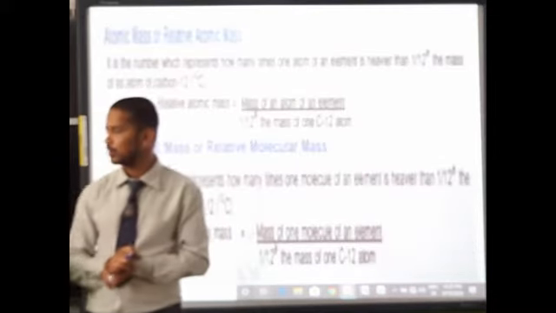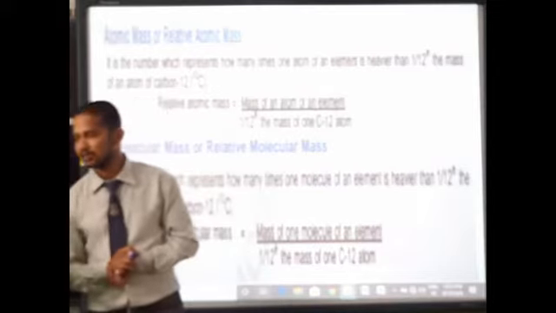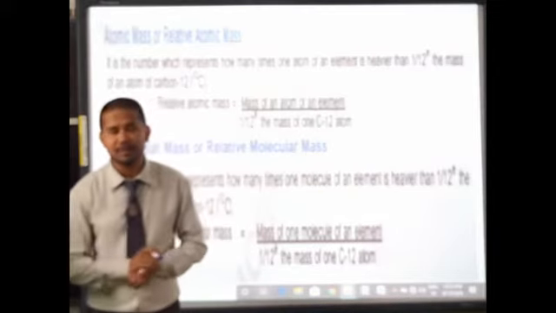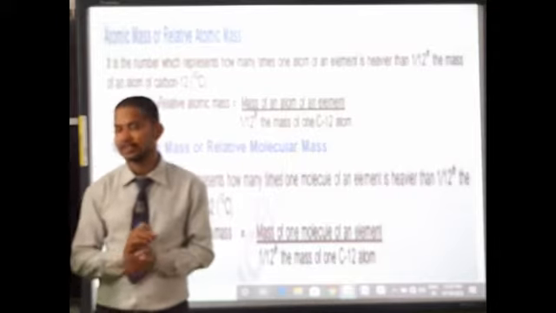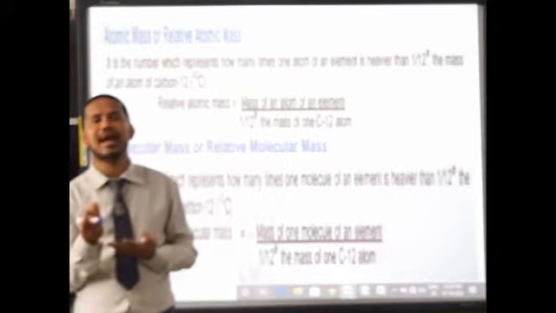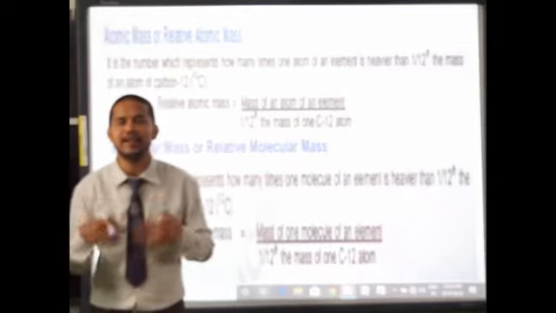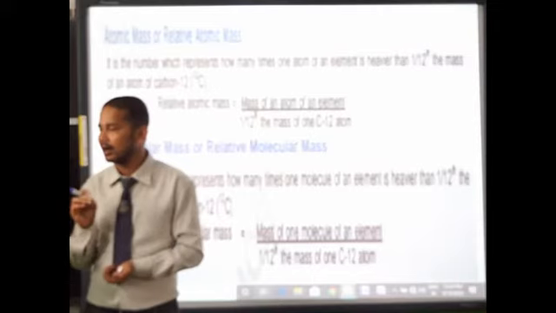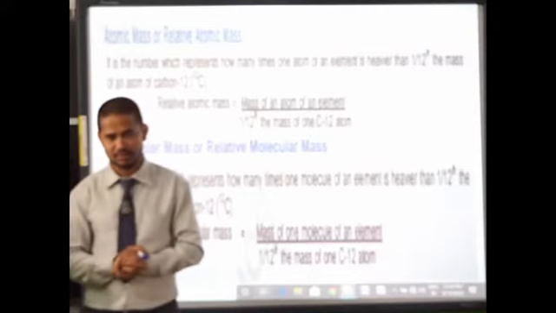Then this one also we have already done in class 9, relative atomic mass or atomic mass. So what is relative atomic mass? It is the number which represents how many times one atom of an element is heavier than 1/12 of a carbon 12 atom.